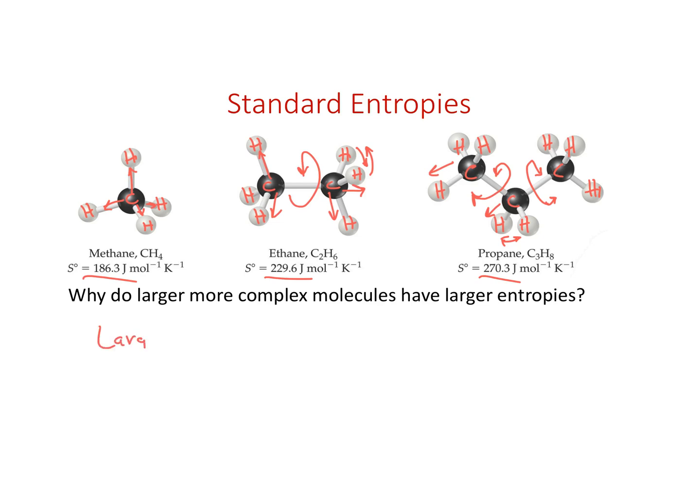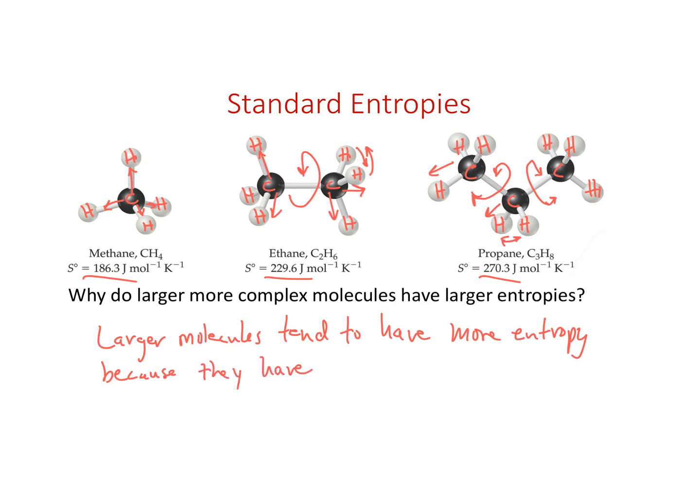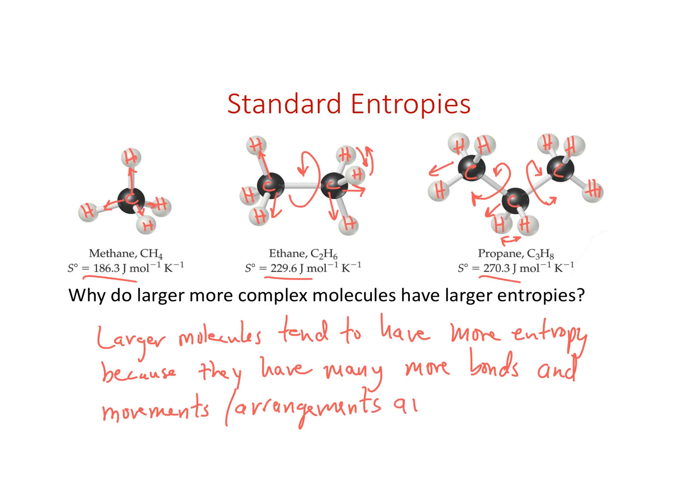So larger molecules tend to have more entropy because they have many more bonds and movements and arrangements available.